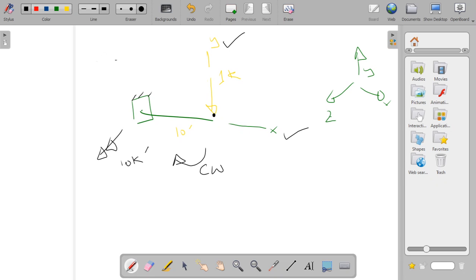So simply I have to use the right hand rule. It can be shown here, it can be shown here, it does not matter, but the only thing is that this is drawn using the right hand rule. You have to point your thumb in this direction, and now curl your fingers.